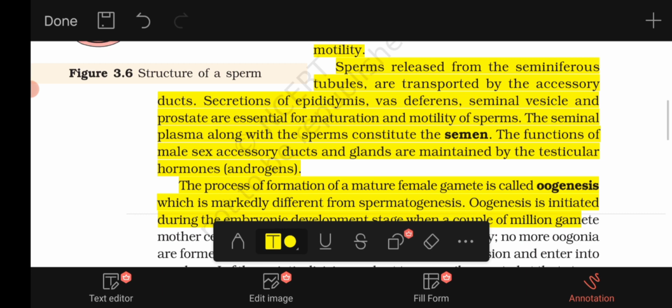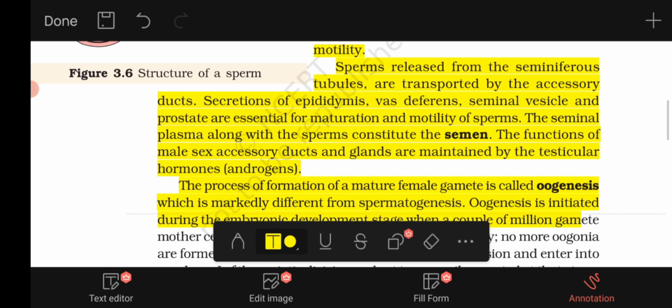Only the secretion of epididymis, vas deferens, seminal vesicle, and prostate gland helps in maturation and motility of sperms. The seminal plasma along with the sperms constitutes semen. The functions of male accessory ducts and glands are maintained by testicular hormones, the androgens.